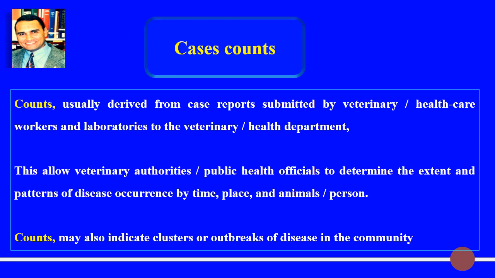Counts are also valuable for health planning. For example, a health official might use counts to plan how many infection control or isolation units, or doses of vaccine, may be needed.